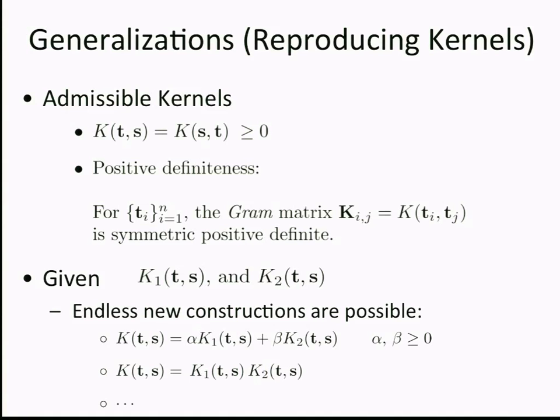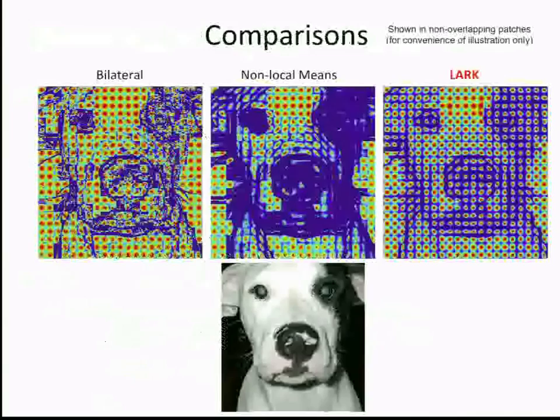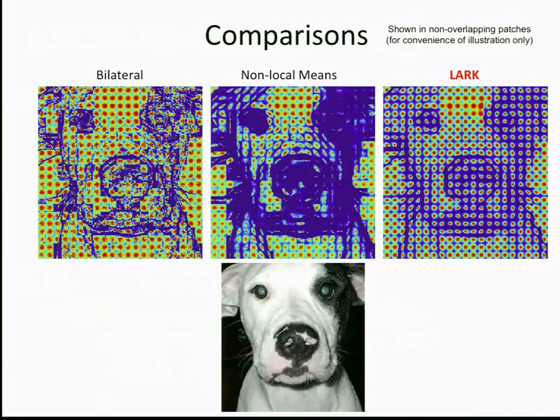Like you can do a positive linear combination of the kernels, you can multiply them, you can exponentiate them, and so on. And those are also valid kernels. Okay? So this generates this very simple concept of a weighted least squares, followed by a choice of a kernel, followed by weighted least squares, which gives you a very large class of filters that include many things that we're already familiar with. Okay, so let me show you some examples of how these things are different.